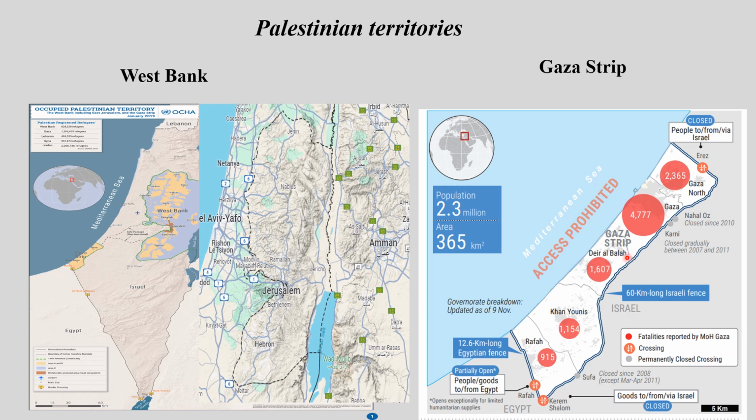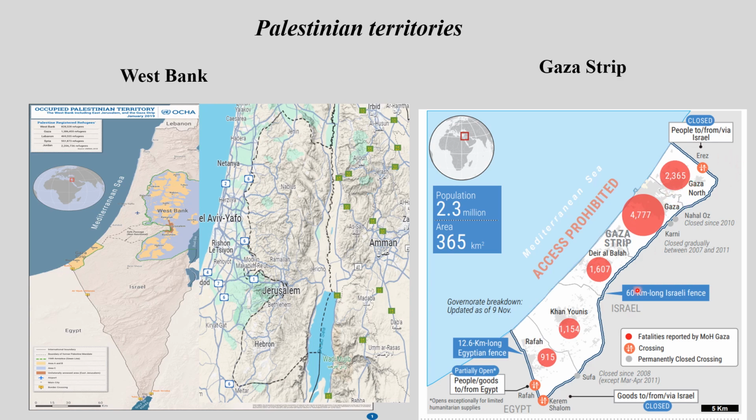So now we shall see that Gaza Strip has an area of about 365 square kilometers and the major cities of Gaza include Rafah, Khan Yunis, Deir el-Balah, Gaza City and Gaza North.